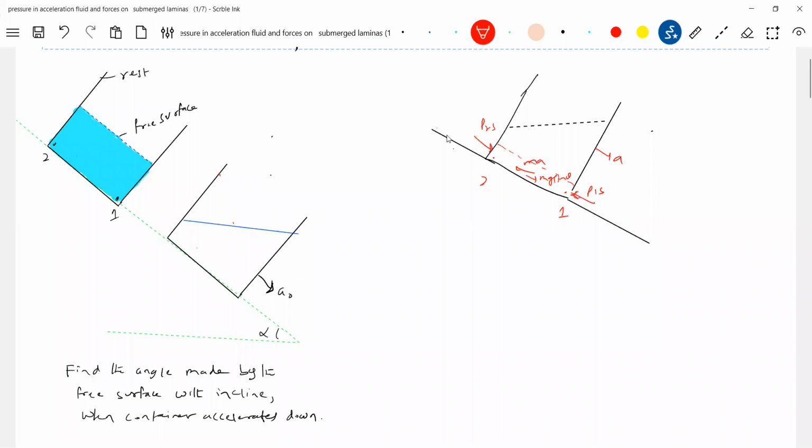As it is accelerating down, the pressure at the rear end should be more, no? Pressure at the rear end should be more. So you assume the pressure at this point should be more. Therefore, if you look at the liquid column here, because of the height perpendicular to the incline, this is less, this is more. So this is not possible.